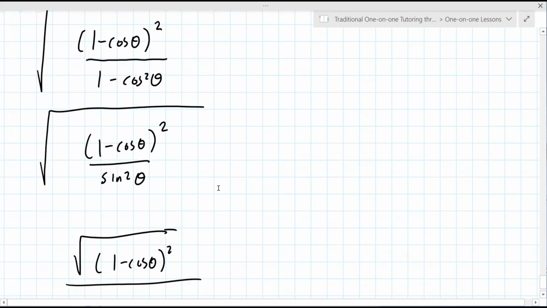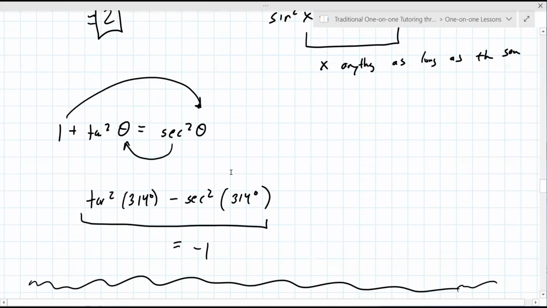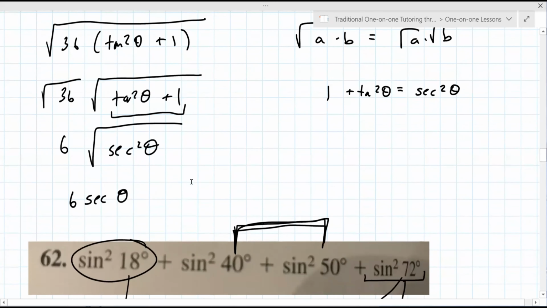So remember I did this problem earlier. Sorry, now maybe I'm scrolling so fast, but let me go back to it. Where is it? Right here. See how this was the square root of secant squared? This is actually not correct. It's actually 6 absolute value secant theta. But a lot of these problems assume you can only do positives, so they don't start putting that in there.